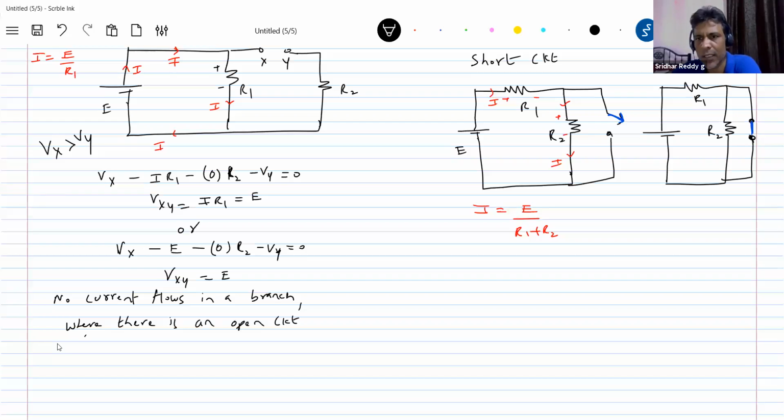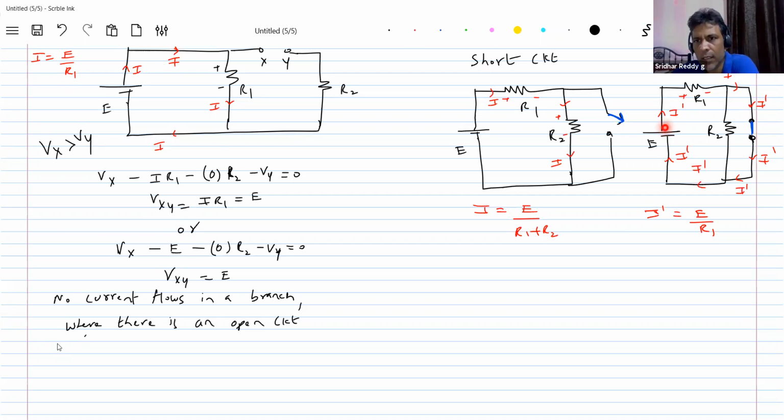What is the path it will take? That way. So the current here, this I, plus minus. So what is I equal to? Call it I dash, some other, new current. It is E by R1 only.